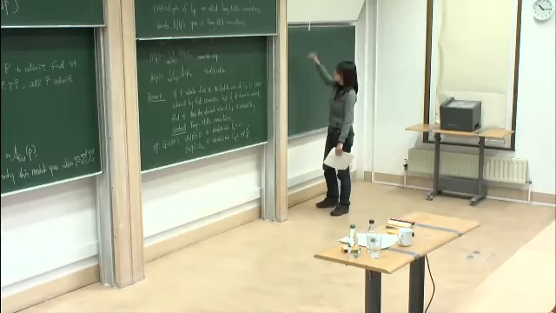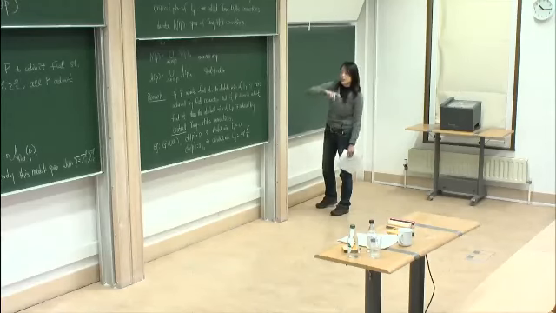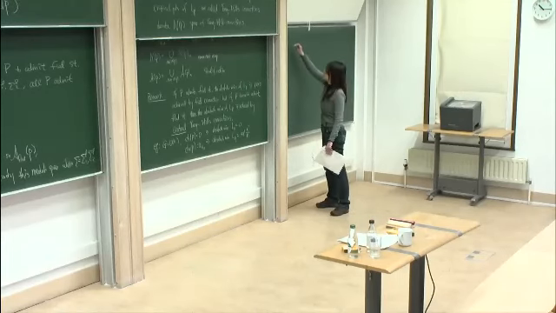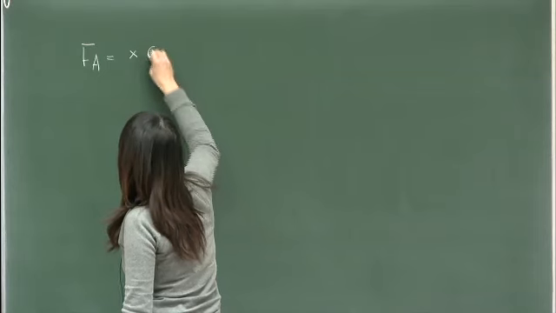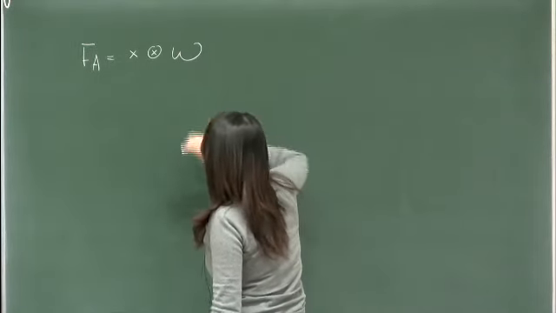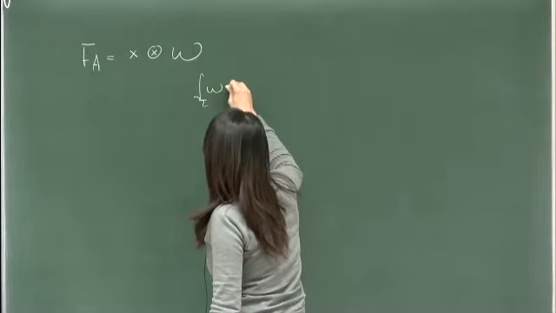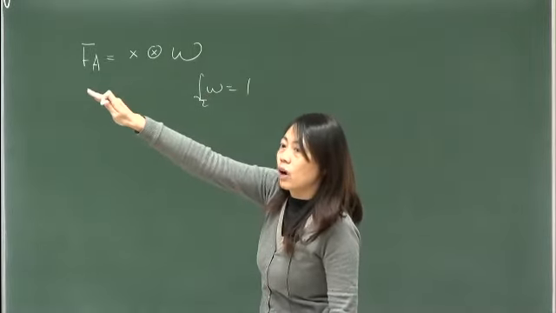Okay. So you see those central Yang-Mills connections, the curvature of that has a particular form. This is the area form such that the integral is 1, which we required.